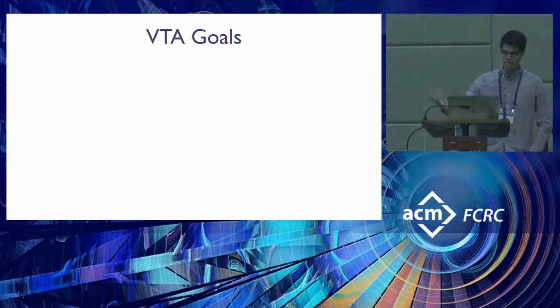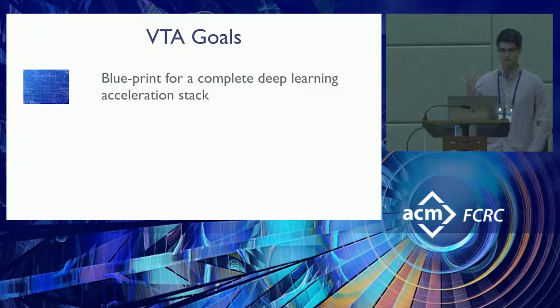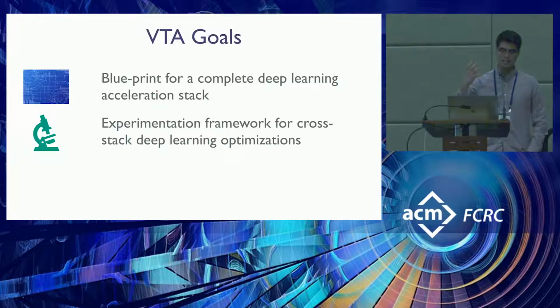So the goal of Vita is to build this research blueprint for a complete deep learning acceleration stack. And that's something that we're very excited about because that lets us do experimentation across the stack. So we're not just hacking software, we're not just hacking hardware, but we're doing both at the same time. And I think that's very valuable to people like architects who want to investigate one research idea and have already a deployable stack that they can test on an FPGA.